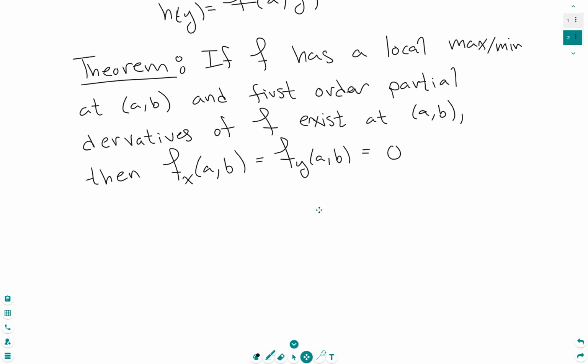So notice that this doesn't say if and only if, meaning that it doesn't go both ways. If f has a local max or a min at (a, b), then its derivatives are certainly 0 there, right? But the derivatives being 0 there does not imply that it is a local max or a min.